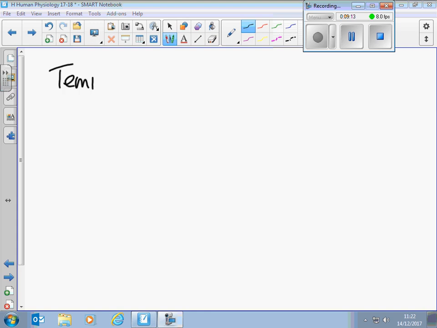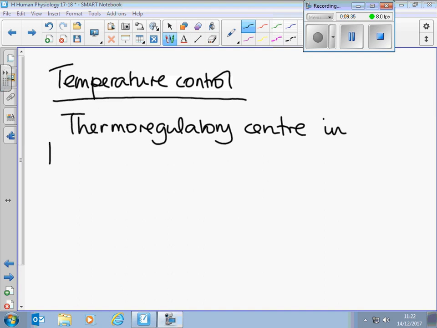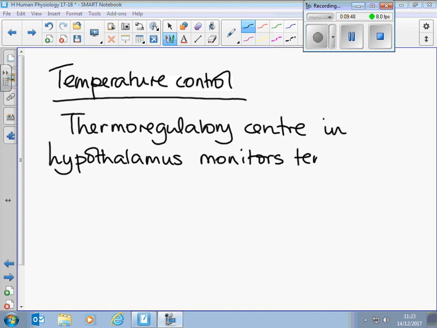Right, temperature control. We have what's called a thermoregulatory centre. That's in the hypothalamus, and that monitors the temperature of the blood as it passes through.